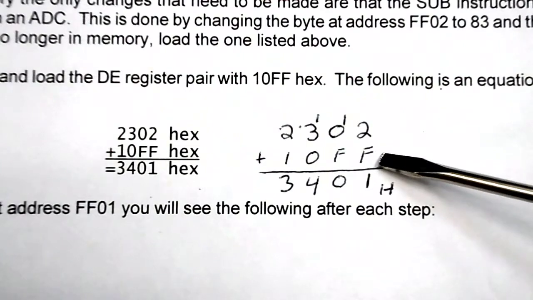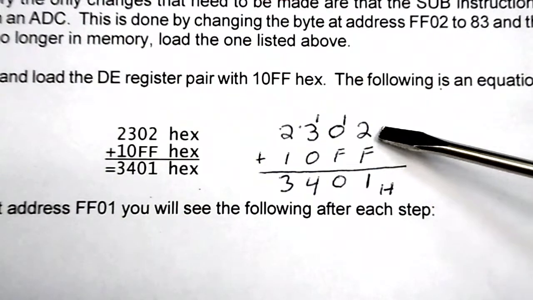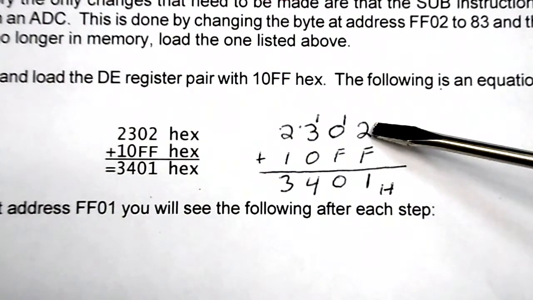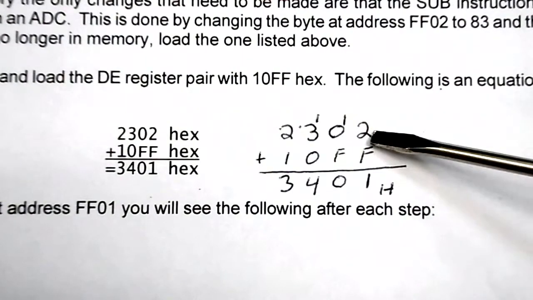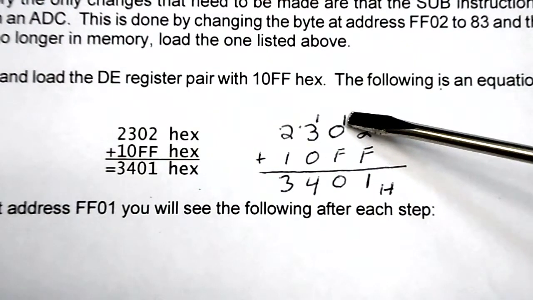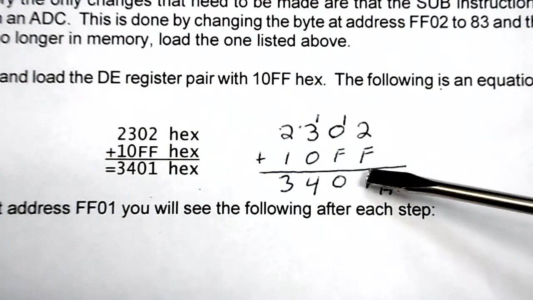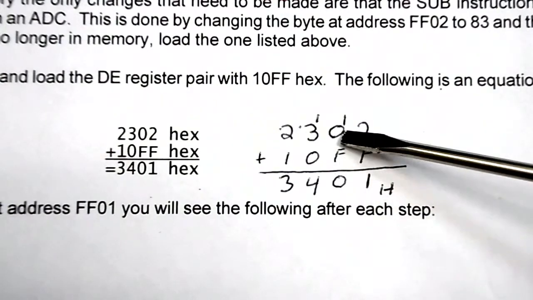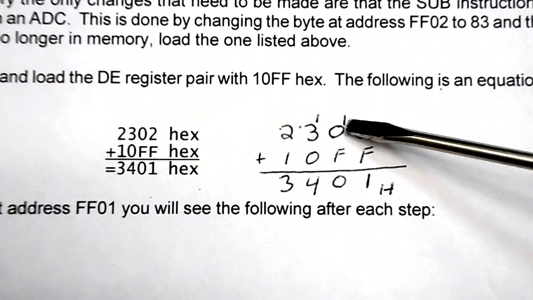So doing the math, remember this is hexadecimal math, so F plus 2. F plus 1 is 16, so there's that bit there indicating a carry, and we'll have 1 left over. Then F plus the 0 plus the previous carry is going to generate another 16.